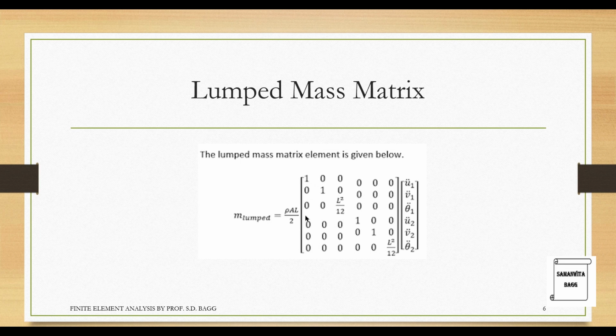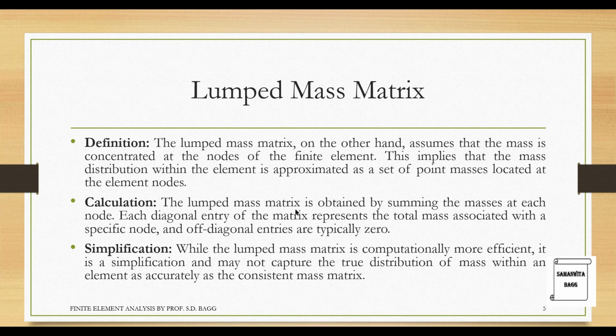This entire 3 by 3 is one element. Here also this is one element, all 0. This is one element, all zeros, and here again you can see the fourth element. So you can see that whatever is applied diagonally is the position where you have placed your mass. So that's the meaning of this lumped mass matrix, and the rest of the elements will be considered 0.